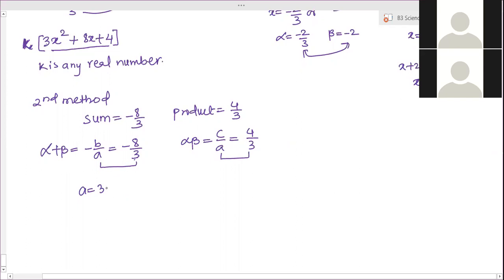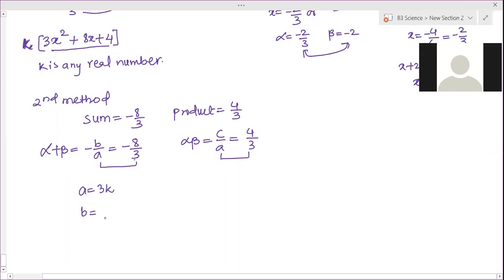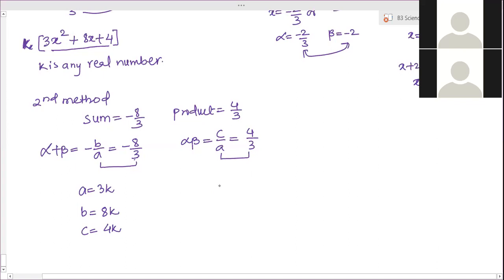So 3x instead of x, because x we are using in this polynomial. So we are not supposed to use x, we will use k. a is 3k. What is the value of b? 8k. c? 4k. And the general formula for a polynomial is ax square plus bx plus c.